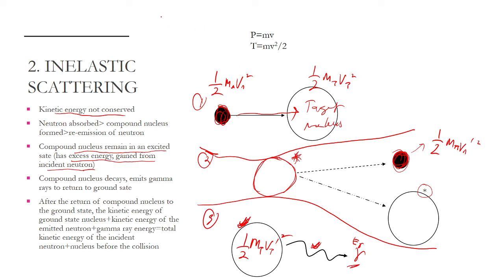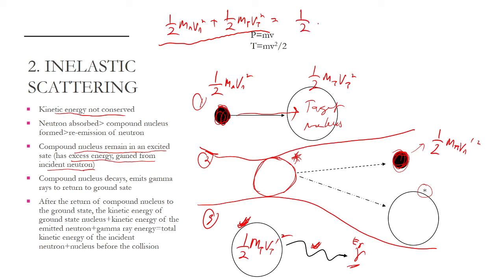If you try to balance the equation, the conservation of energy, it will look like this: the kinetic energy of the incident neutron plus the kinetic energy of the target nucleus. So this is the total energy before the collision.